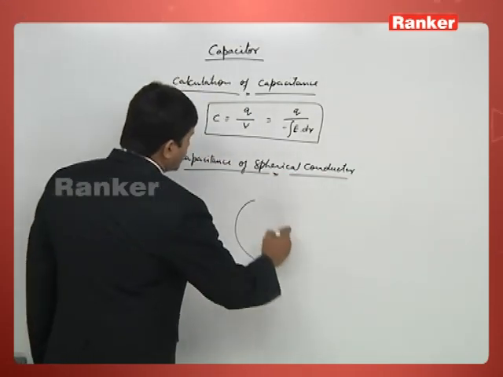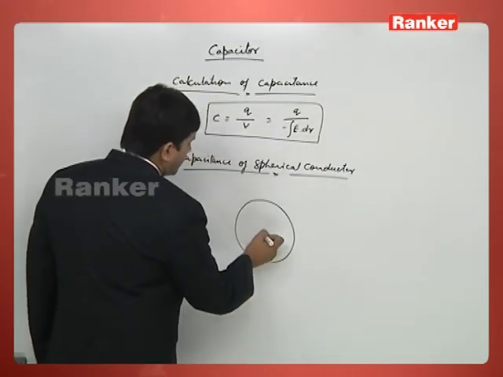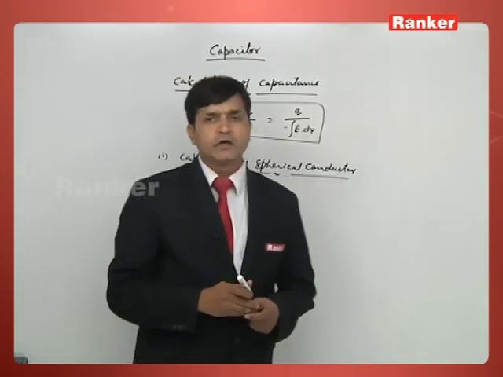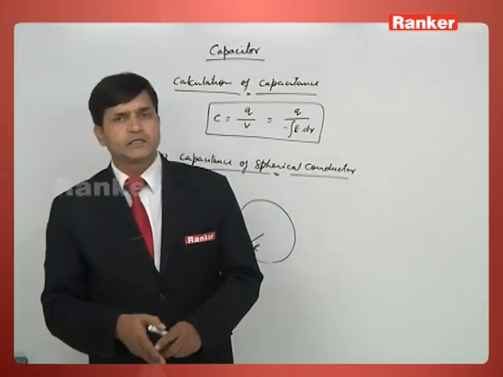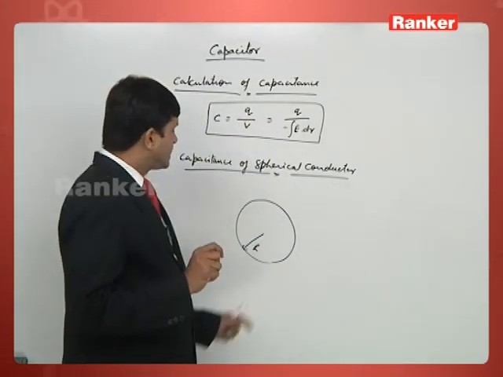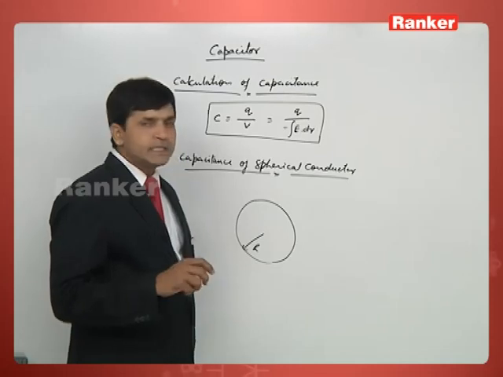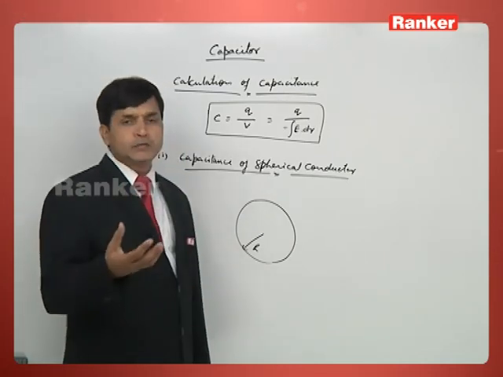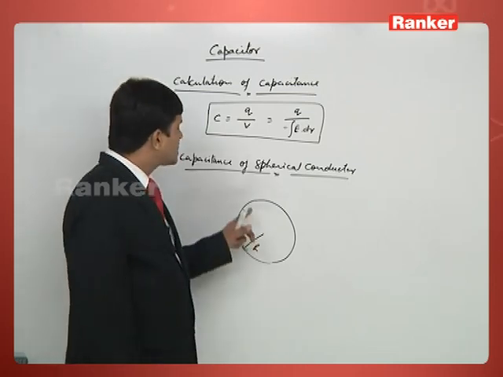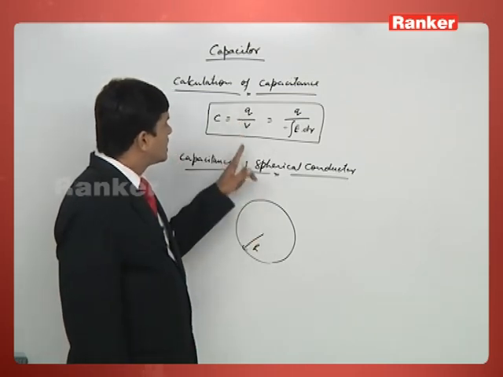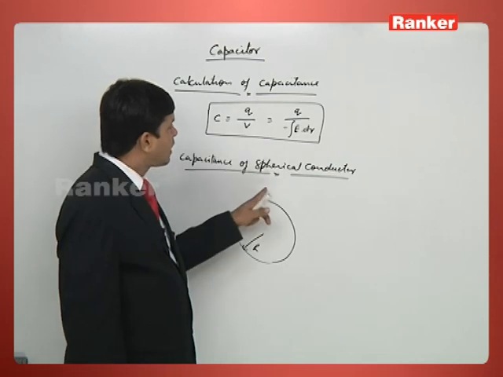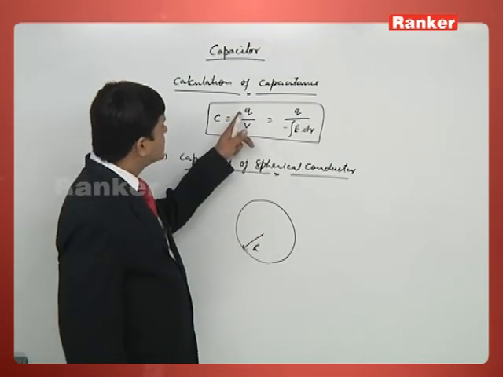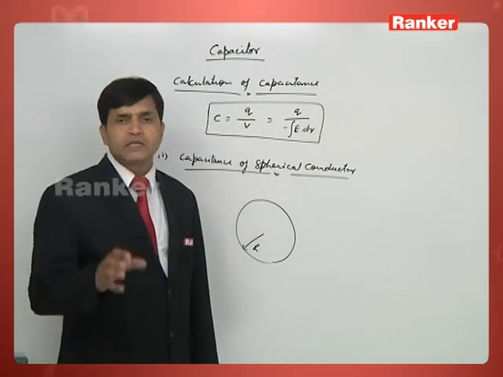Suppose this is a conductor of radius R. If we want to find its capacitance, it is not necessary that the conductor must have a charge; we are only assuming. Suppose we give a charge Q, how much potential develops on its surface? The ratio of charge to potential is called the capacitance.